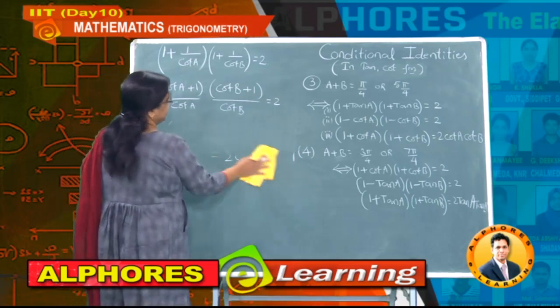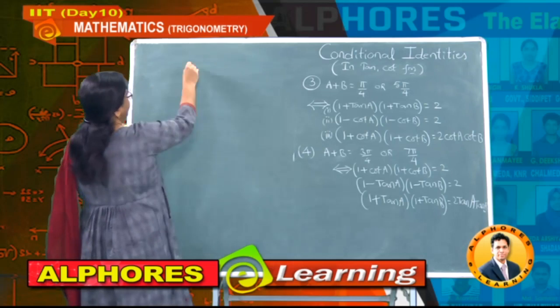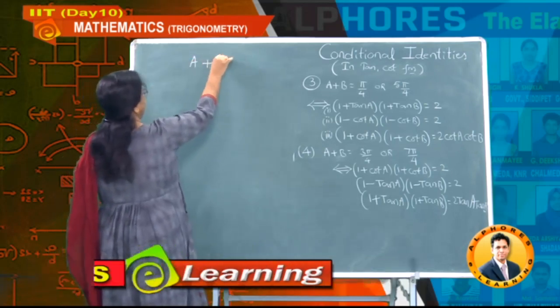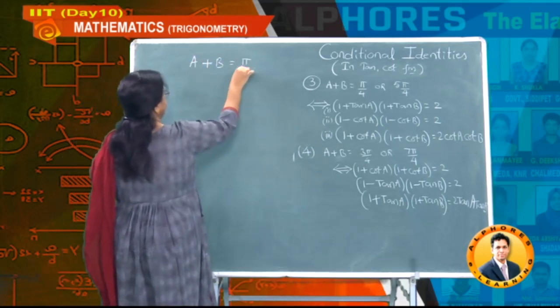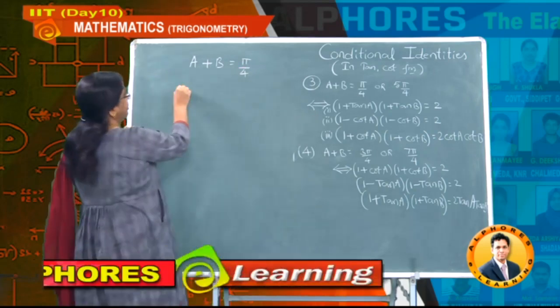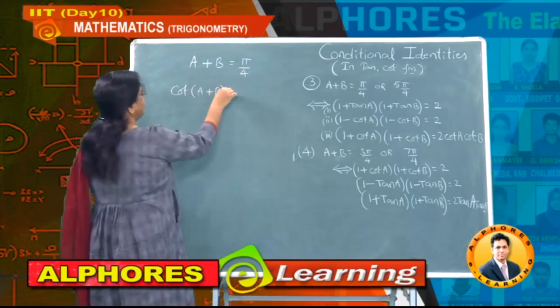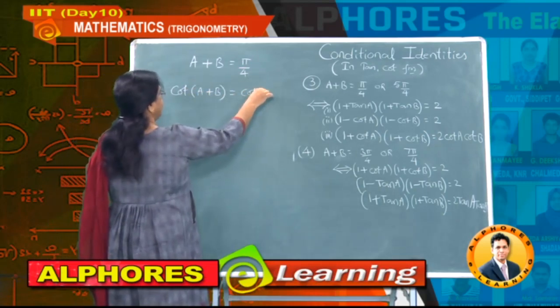So, for this result, we are going to do that part, that is A plus B equal to pi by 4. As our answer is in terms of cot, I am taking cot on both the sides. So, cot of (A plus B) equal to how much, students? Cot pi by 4. Understand?